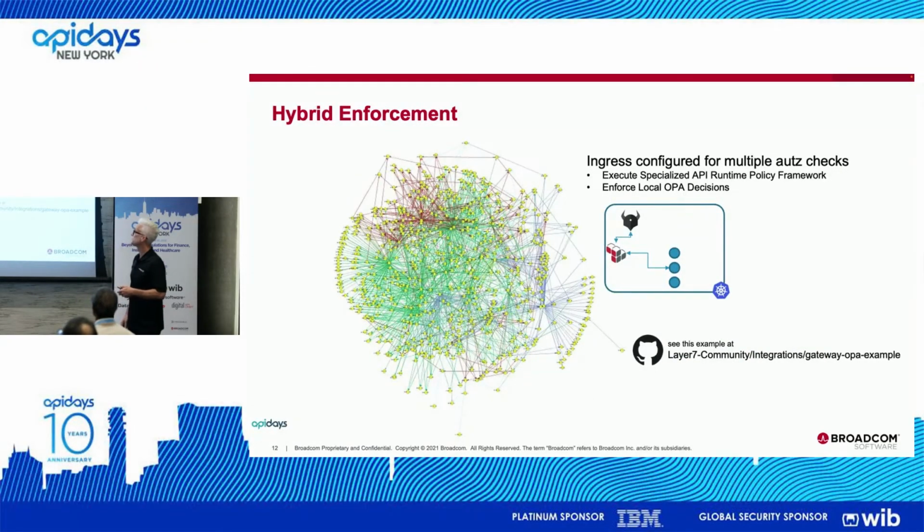Hybrid enforcement. So remember I was saying that you can have different layers of authorization with different decision points. In this case, this is my third public GitHub repo example that you can refer to. We have Layer 7 acting as an ingress into a Kubernetes cluster, which has its own policy, its own framework that has been communicated to it, for example through a Kubernetes operator.